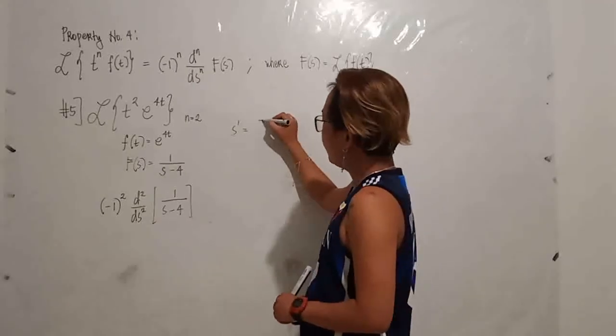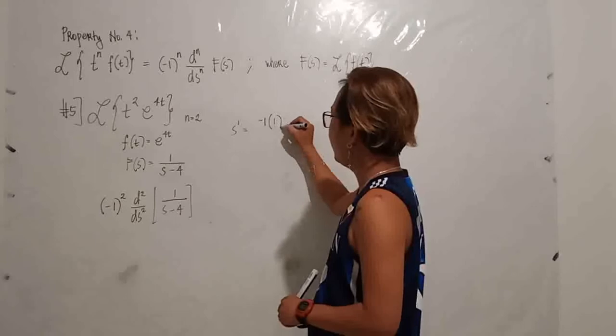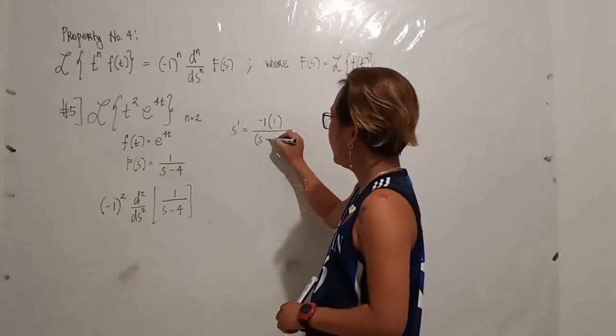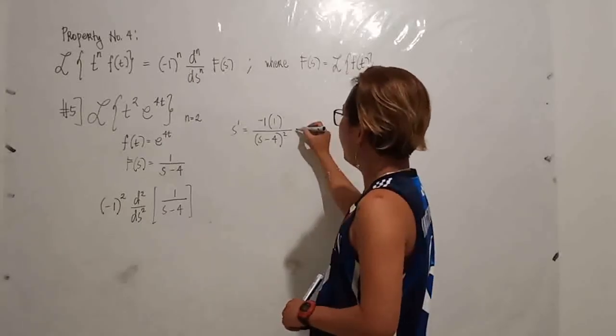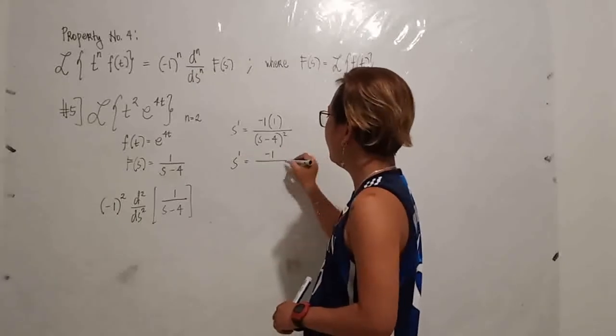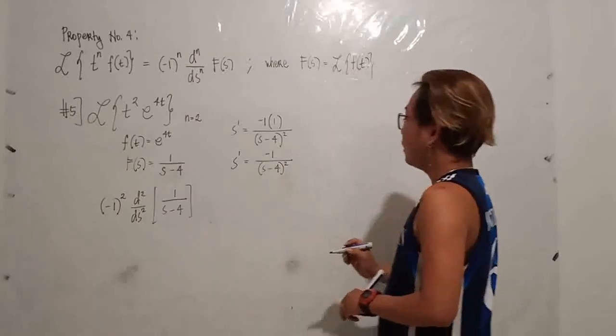So that's negative 1. Then the derivative of your v, that is also 1, over v squared, which is s minus 4 squared. So you will now have the s prime as negative 1 over s minus 4 squared.